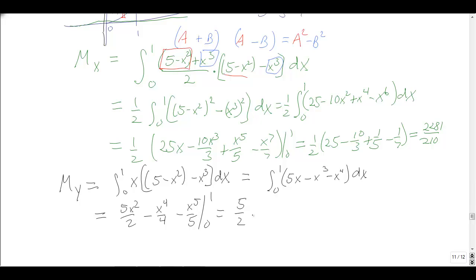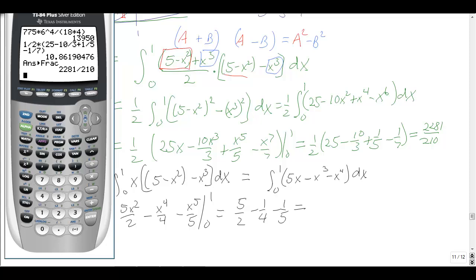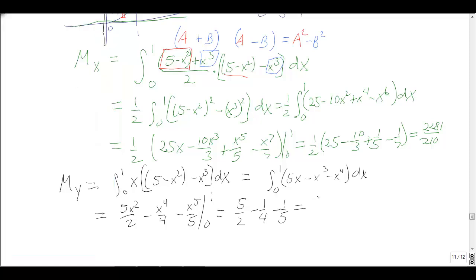It's going to end up giving me 5 halves minus a 4th minus a 5th. Again, maybe I'm a little bit lazy here, but I'm just going to go to my calculator. 5 halves minus a 4th minus a 5th. Spits out that, but I'm going to convert it to a fraction. Gives me 41/20ths.